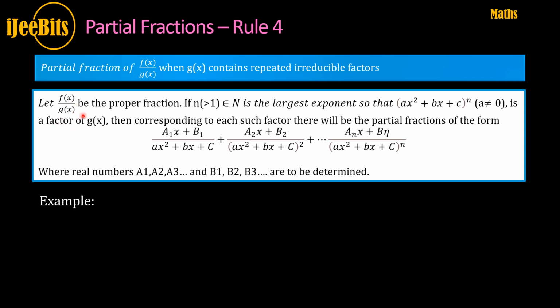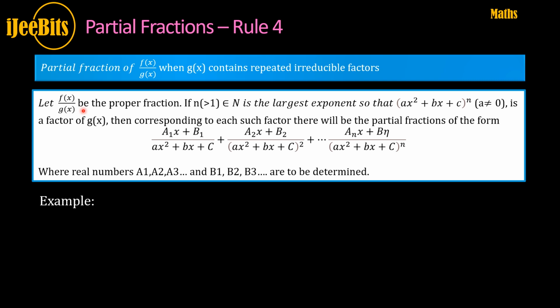Let f of x by g of x be the proper fraction, and n is greater than 1, n belongs to natural numbers, is the largest power, let's say (ax square plus bx plus c) whole power n is what is given in g of x in the denominator.